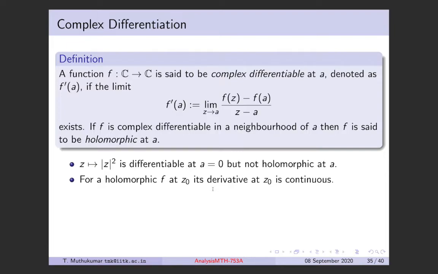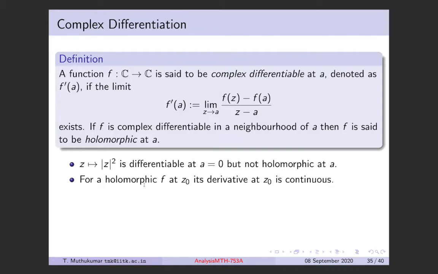This is not the same as the result that if a function is differentiable, then it is continuous, right? I am not saying that. Here I am saying that the derivative is continuous. That result says that if a function is differentiable, then the function itself is continuous. That's true even here. If it's complex differentiable, then it is continuous. Here we are saying something more: if a function is holomorphic at z0, then the derivative at z0 is continuous.